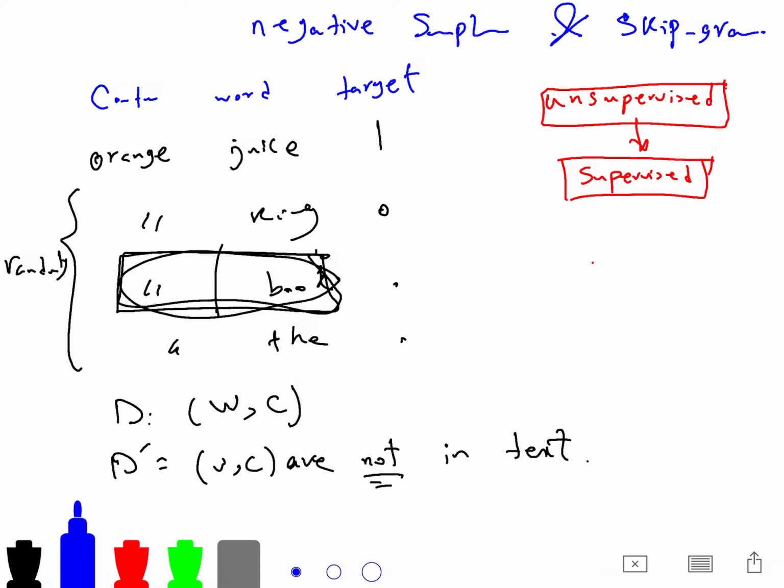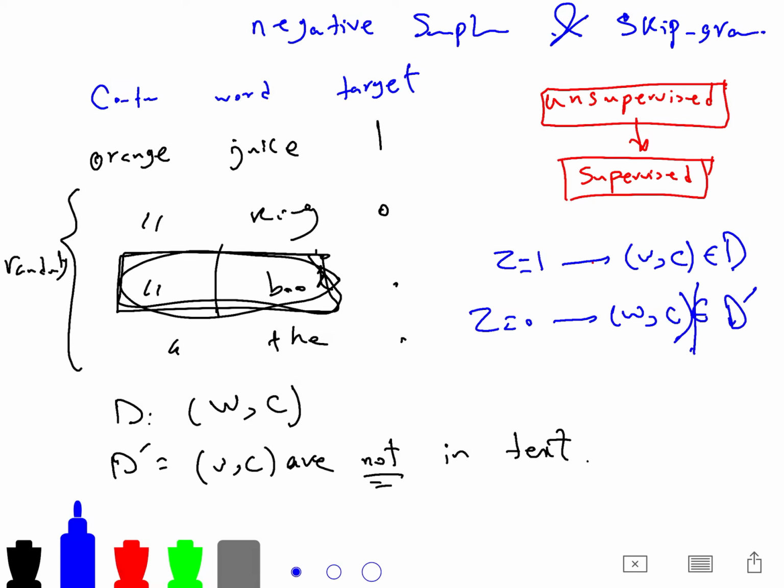And you put Z equal to 1 if W and C is in the corpus, and Z equal to 0 if W and C is not in the corpus, so it belongs to D prime.